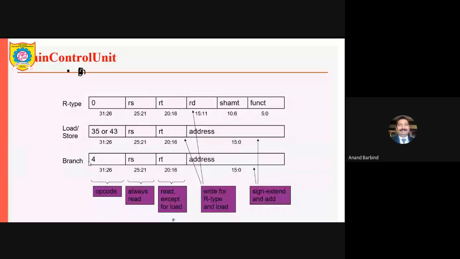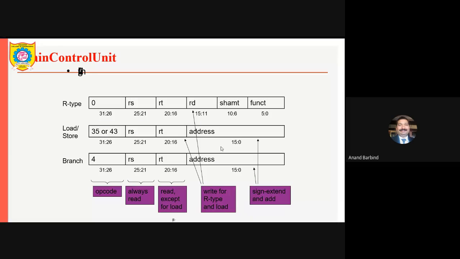Whereas the branch instruction for the MIPS processor makes use of two registers, RS and RT. So the instruction is branch if equal. If the contents of these two registers are equal, then this 16-bit signed number is converted to 32-bit and shifted left by 2 bits.